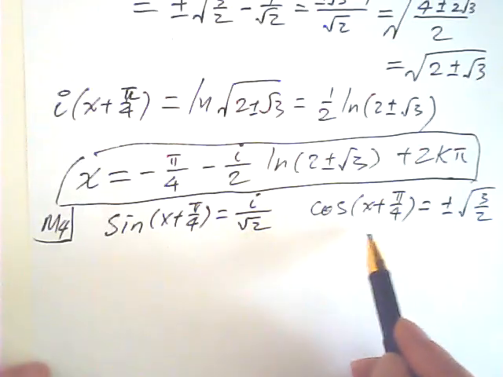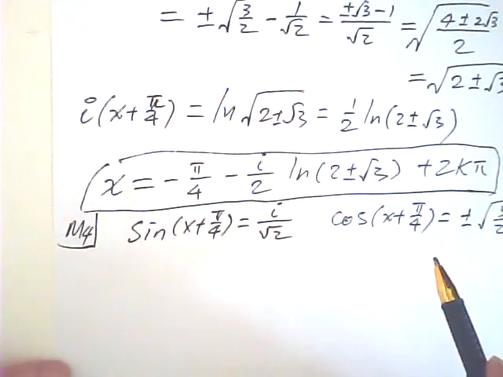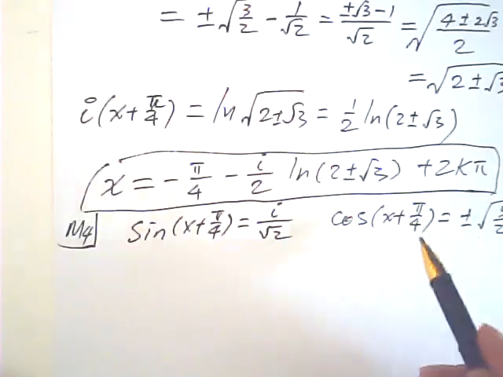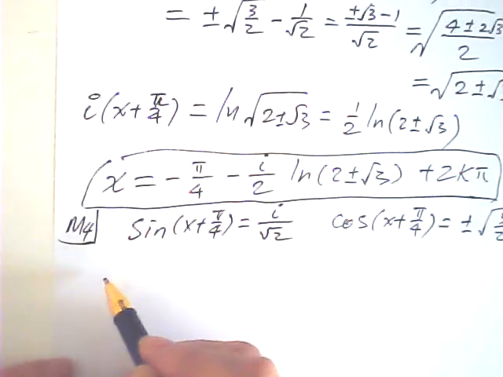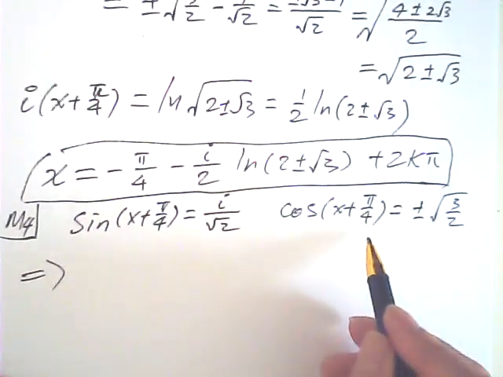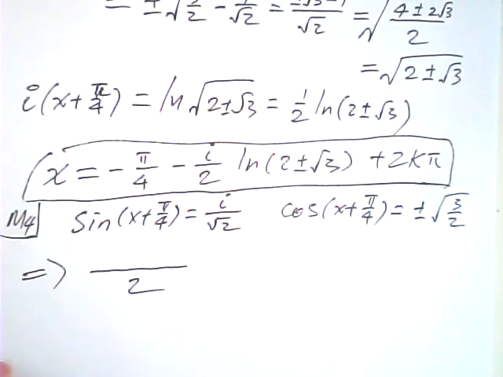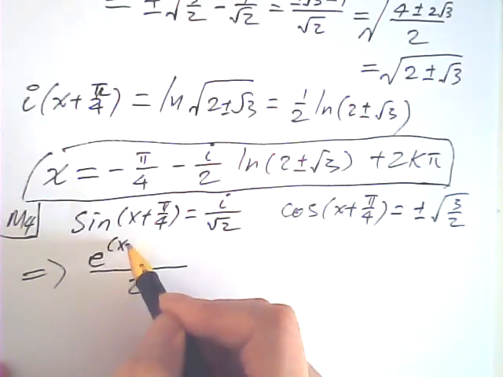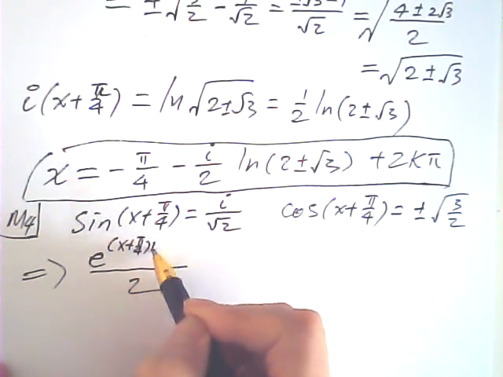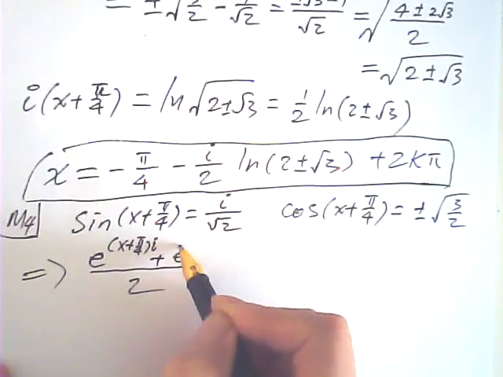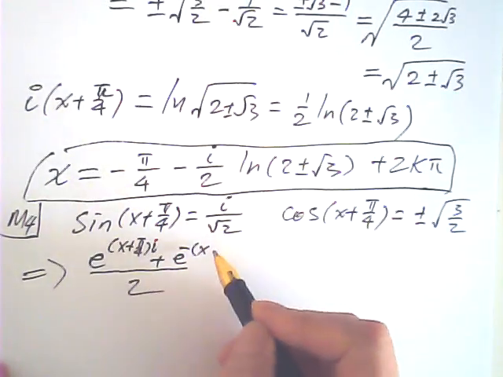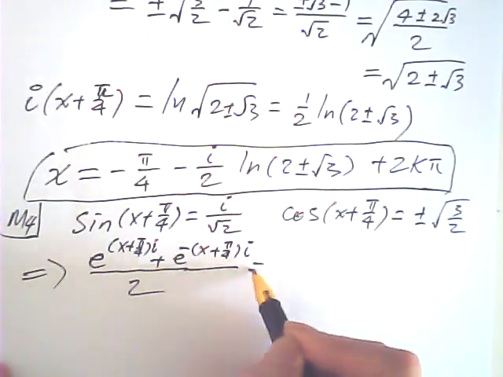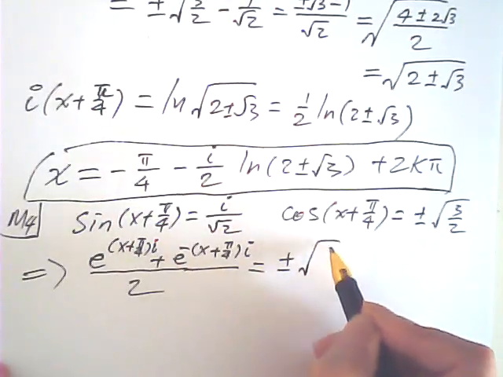Say how about we use cosine? Because last time, in method 2, we used sine. Now I use cosine. Cosine is equal to half, right? e to the x plus quarter pi i plus e to the negative x plus quarter pi i is equal to plus or minus.